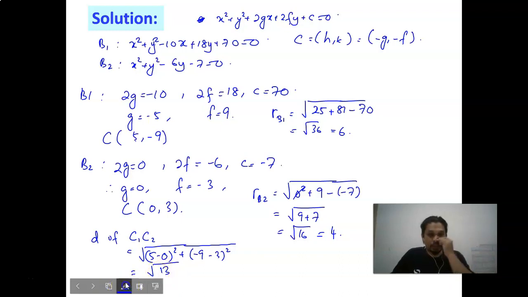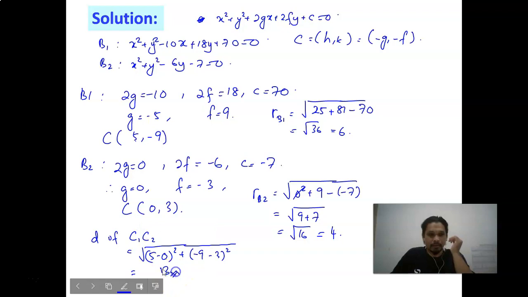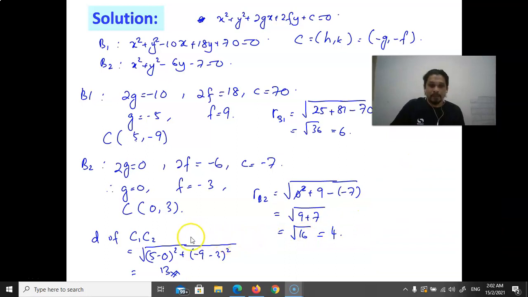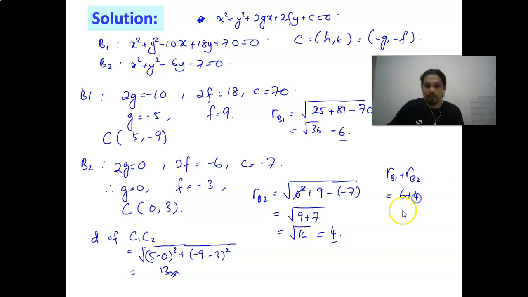It's just 13. So now, guys, girls, let's compare the distance of the two centers of the circles, equal to 13 here, with the radius of B1 plus the radius of B2, 6 plus 4, which is equal to 10.